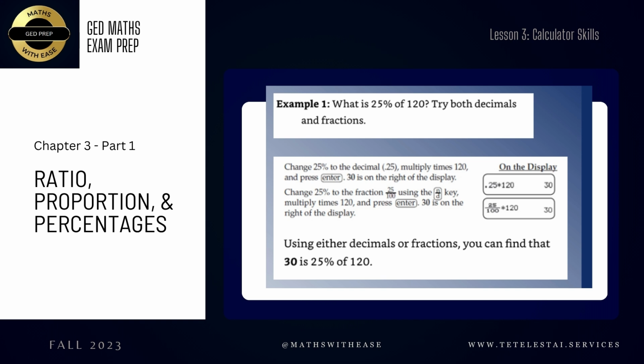Or if you wanted to go the fractional route, you would press the fraction key, which on your calculator is the key with the notation n over d, n being the numerator, d being the denominator. You would see your cursor blinking in the numerator on the left side of your entry window.